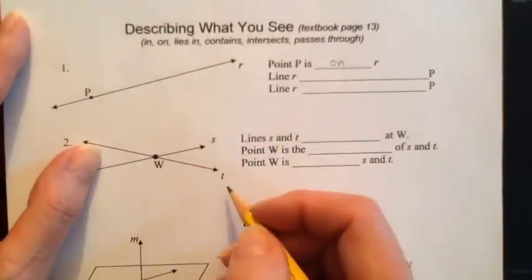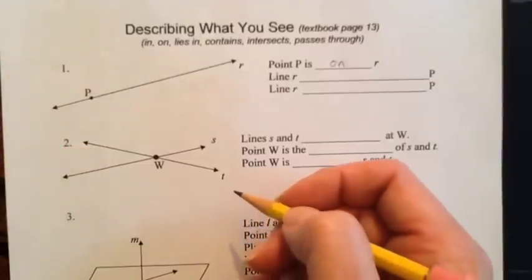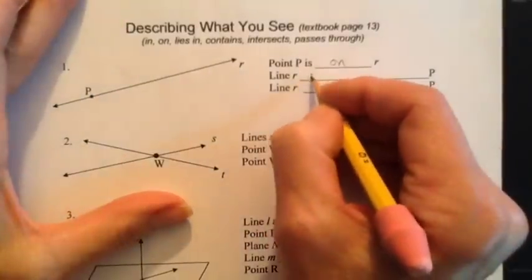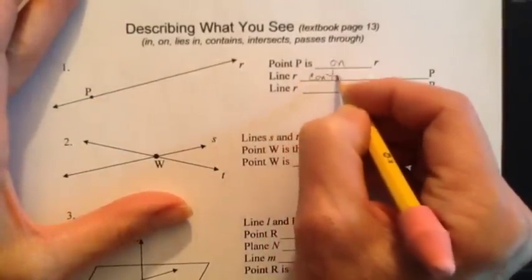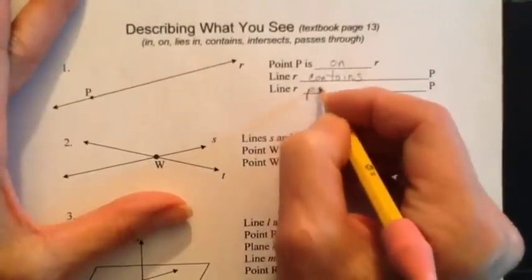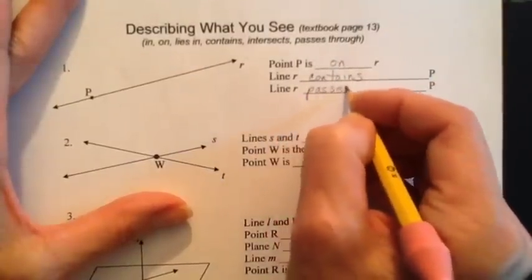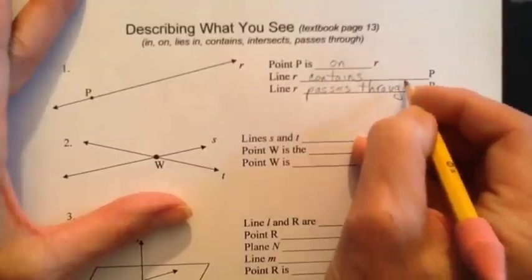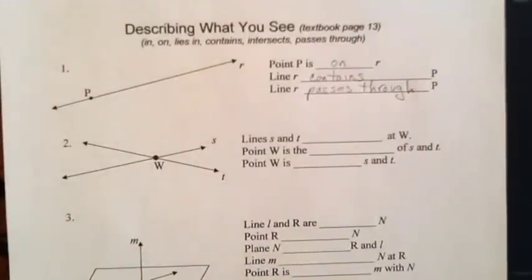Okay? So that's one way of saying this. We also could say line R contains, or line R passes through. Okay, so all of these are appropriate ways to describe what's happening in that picture.